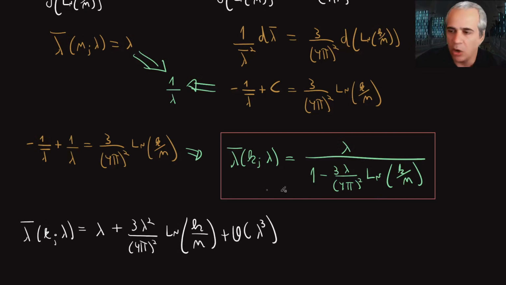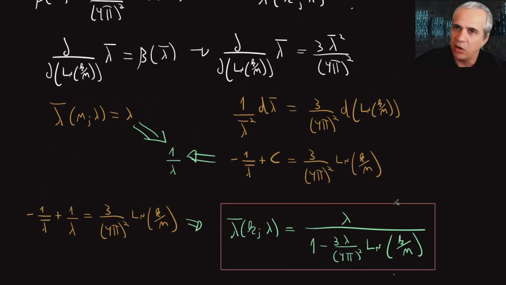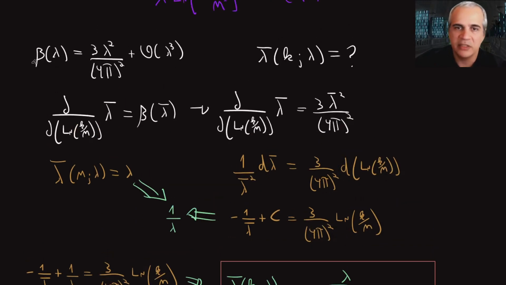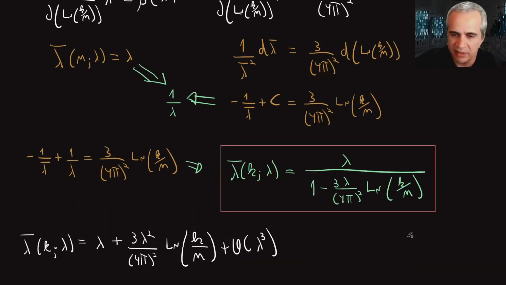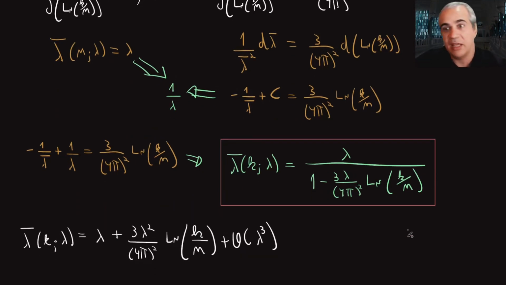I'm taking all the one loop effects here, but now I could take all the two loop effects straight away into the beta function and solve a new differential equation, which would already have resummed all the two loop effects, right? The whole series at next to leading log approximation.